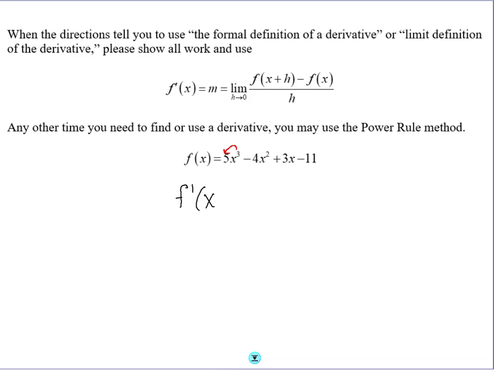So to find the derivative, I'm going to take the exponent, multiply it by the coefficient, so 3 times 5 is 15, and decrease the exponent by 1. So x squared. And I'm going to continue with all of the other terms.